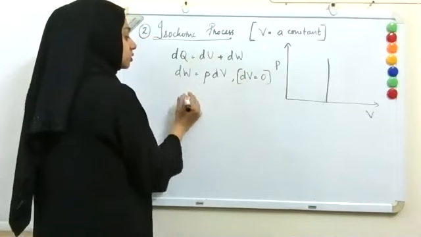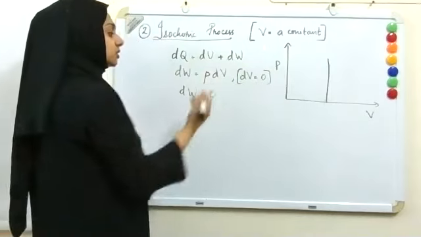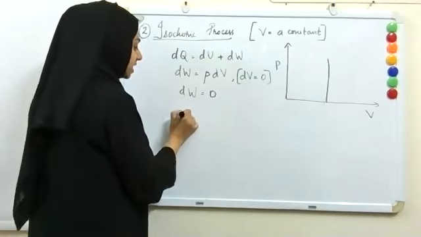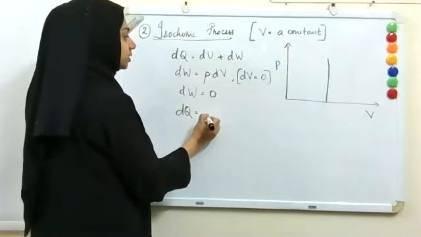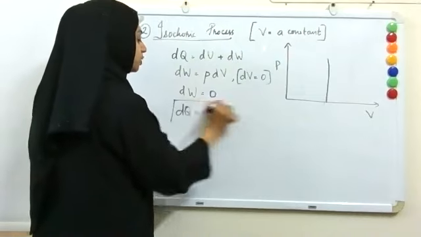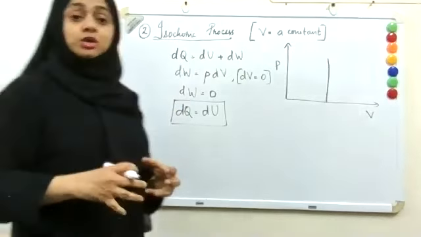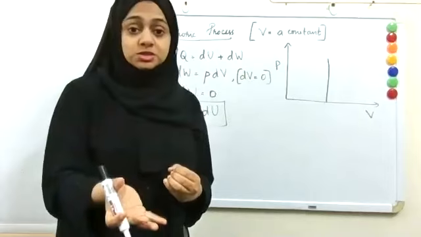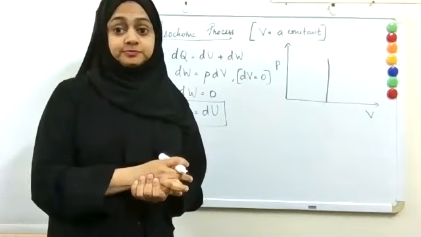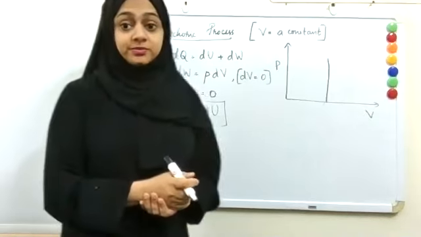So dW will also be 0. The first law looks like dQ is equal to dU plus 0, or just dQ is equal to dU. This means in an isochoric process, all the heat energy given to the system will be used to increase its internal energy, or its temperature.